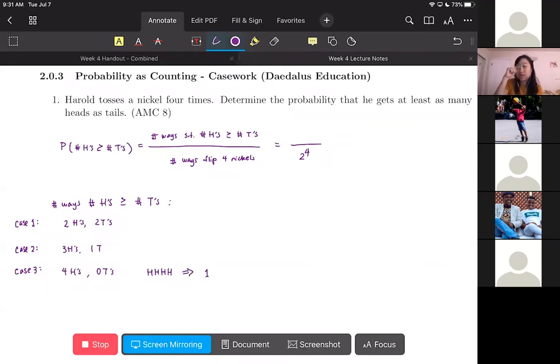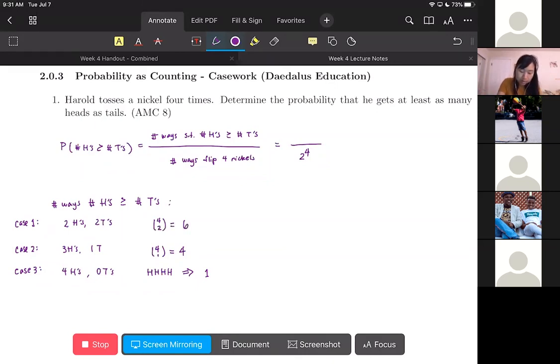What about case 2? How many ways can Harold toss a nickel 4 times to get 3 heads and 1 tail? That would be 4 choose 1. And then what about case 1? 4 choose 2. Yeah, 4 choose 2. So this is 6.